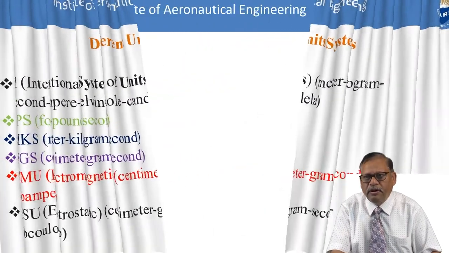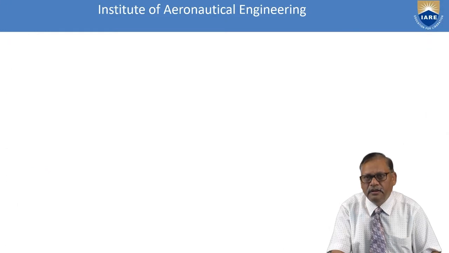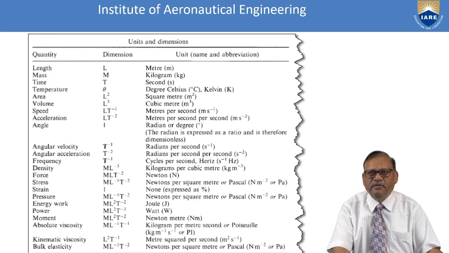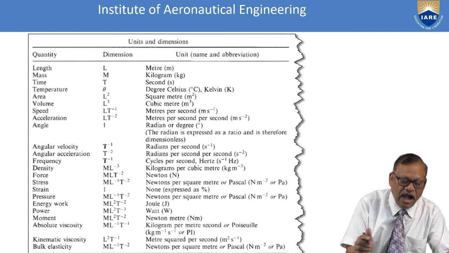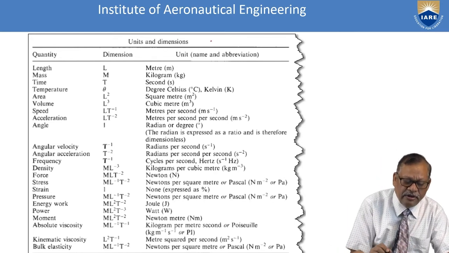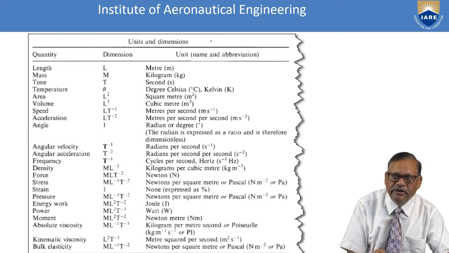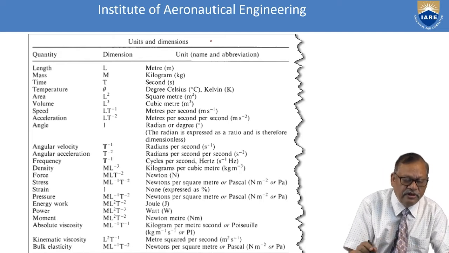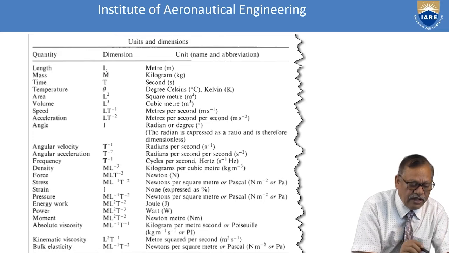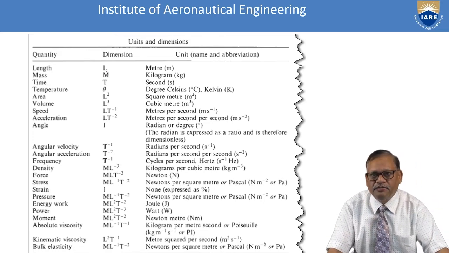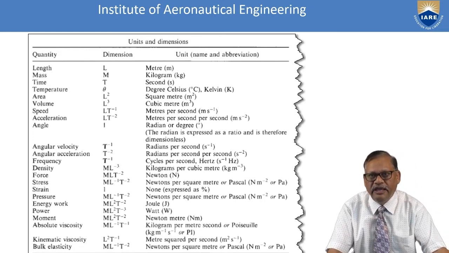So when we talk about this, what are the different dimensions and units available in SI units? Length is L, mass is M, time is T, and temperature is also T, or we can say theta.